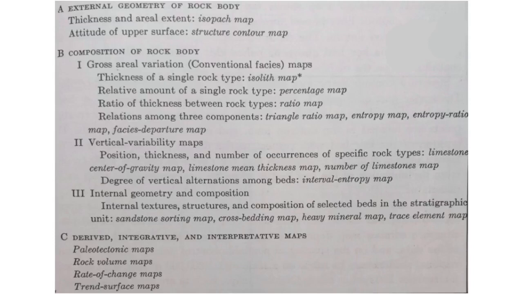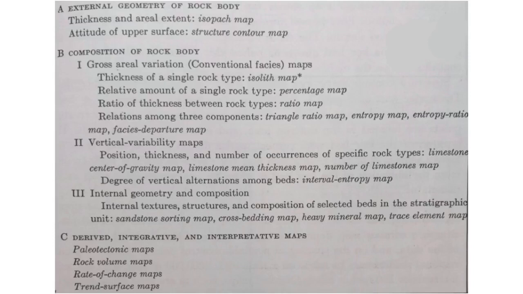The other type depends on the composition of the rock body. In terms of composition, we can also produce different stratigraphic maps. The first one is the isolith map. What do you mean by isolith map? The thickness of a single rock type.